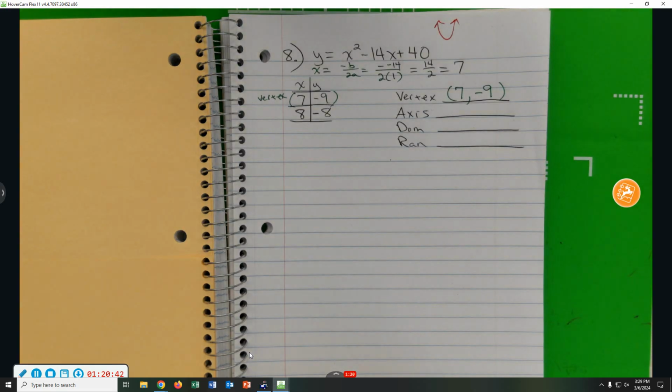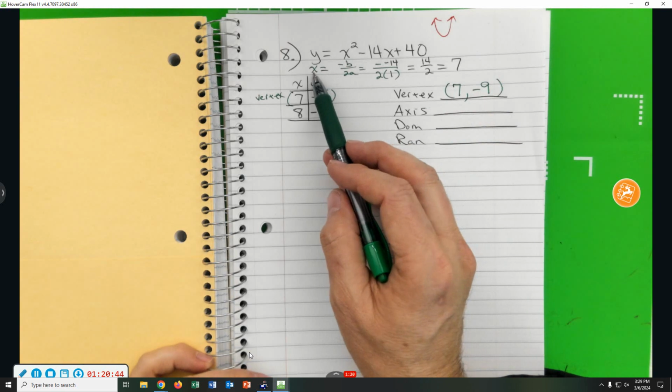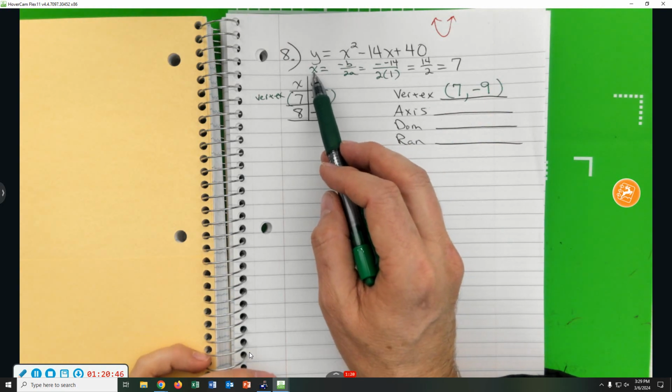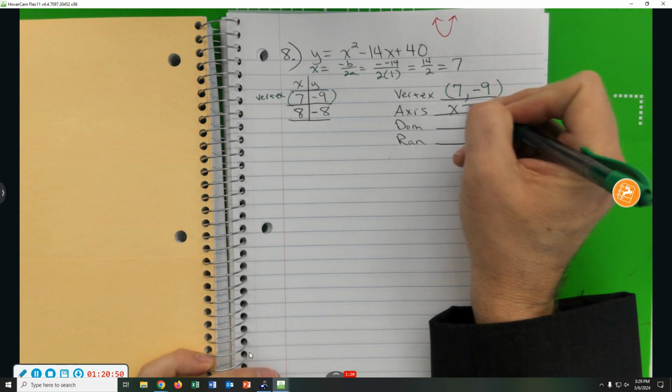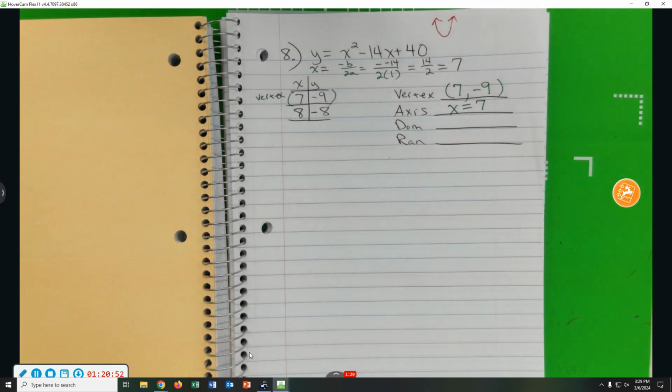Let's write in the axis. It's the equation, that vertex formula. X equals 7. That's one of those things on tests. People will email me, oh, they messed up on the axis. Can they get credit? I look there. If I see a 7, no, don't get any credit.